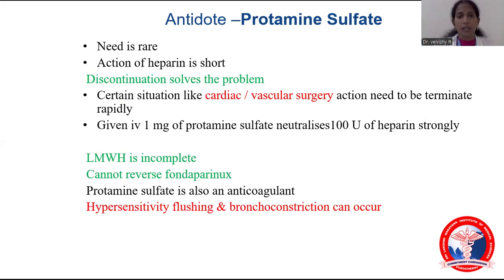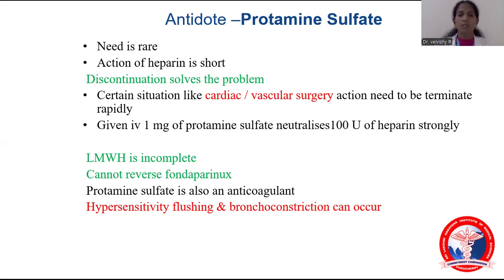Initially I told you about the antidote available for heparin toxicity, called protamine sulfate. This protamine sulfate is usually not required, because if you stop heparin, the problem will be overcome. But protamine sulfate is required if the patient is going for any cardiac or vascular surgery, where you have to terminate the heparin action immediately.